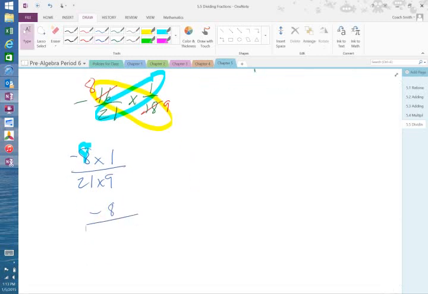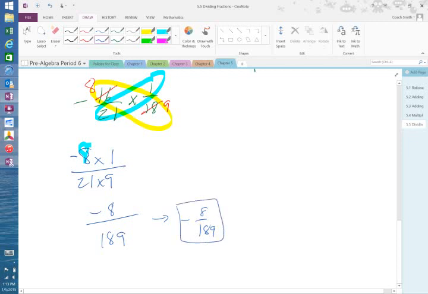And 21 times 9 is what? 189. So we have negative 8 over 189. Now, the only factors of 8 are 2 and 4. Okay? Well, 189 is not even, so 2 or 4, neither one are going to go into it. So that's as far as it will go.